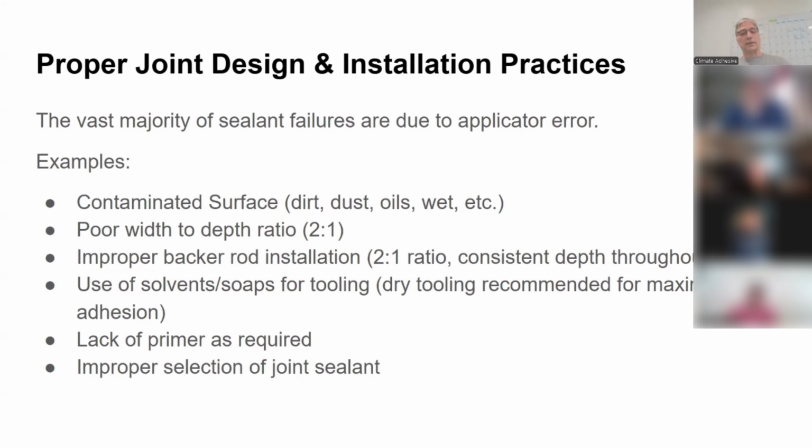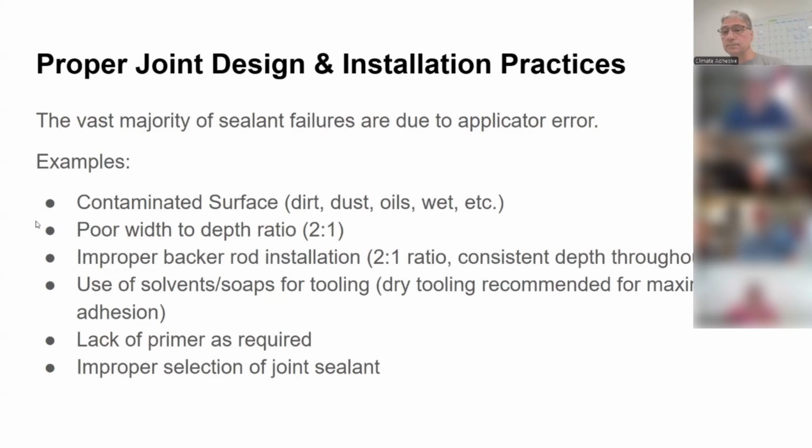And then a lack of a primer, if it's needed, obviously is going to be a problem for joint failures and improper selection of joint sealants. So, if you have a dynamic joint and you're using a class 25 sealant, you're probably setting yourself up for failure. You're going to want to use the class 50s or better.